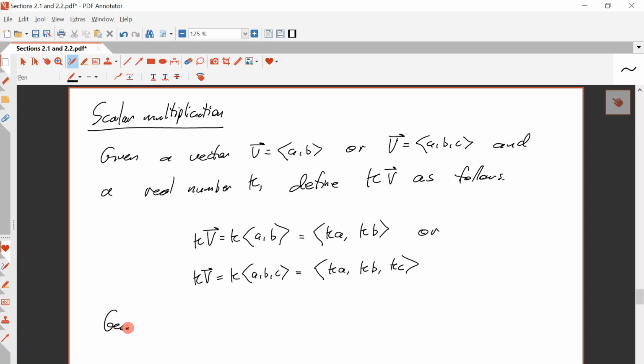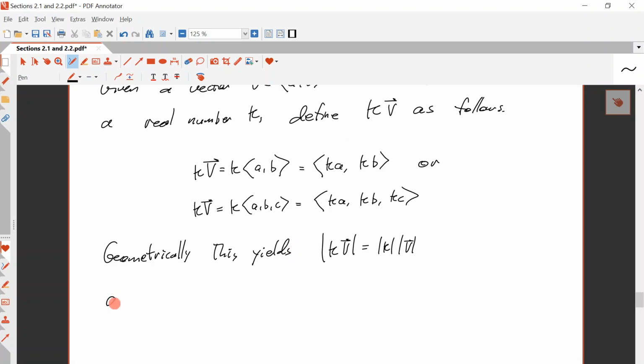Geometrically, K times V has length such that the length of K times V is the absolute value of K times the length of V.